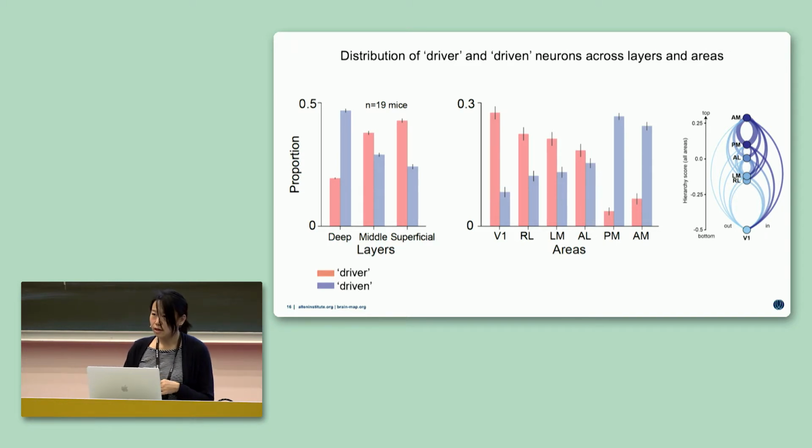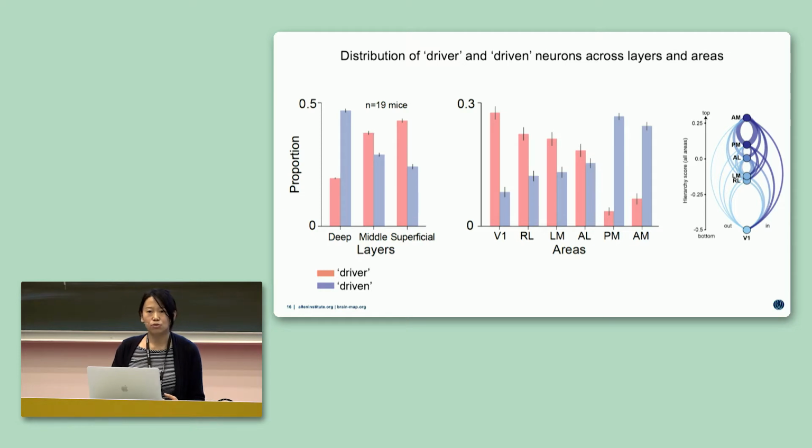Previously, an anatomical study showed the proportion of supragranular feed-forward projecting neurons decreases along the hierarchy, which agrees with our trend of the driver neurons. Along with the directionality of the driver neurons, we think driver neurons participate more in the feed-forward process, while driven neurons could participate more in the feedback process.